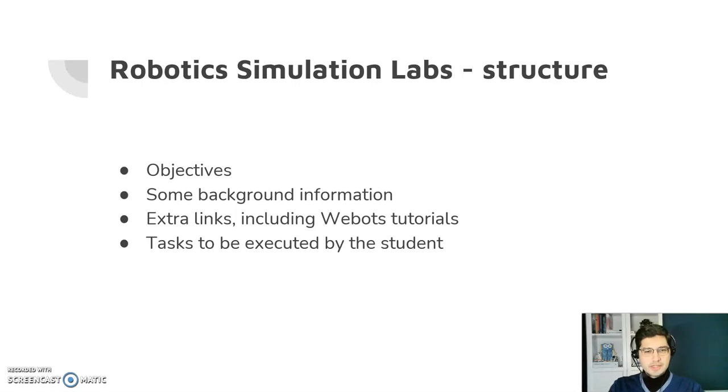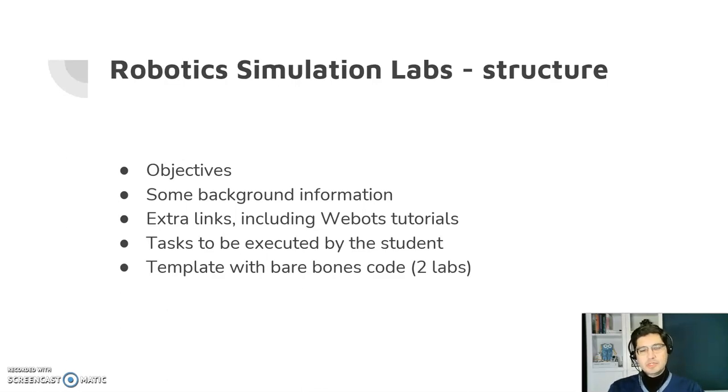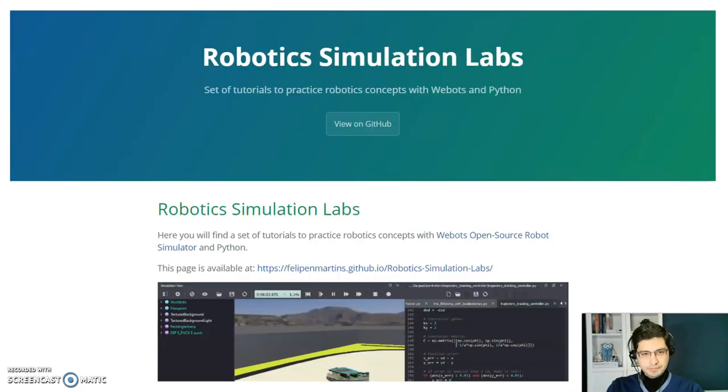Of course, the tasks that need to be executed by the student. And I also provided a template with some bare bones code, which means that if the student has no idea how to start, then at least this should help. But I managed to implement this only for 2 labs. And the solution code for 3 of the labs is also given.